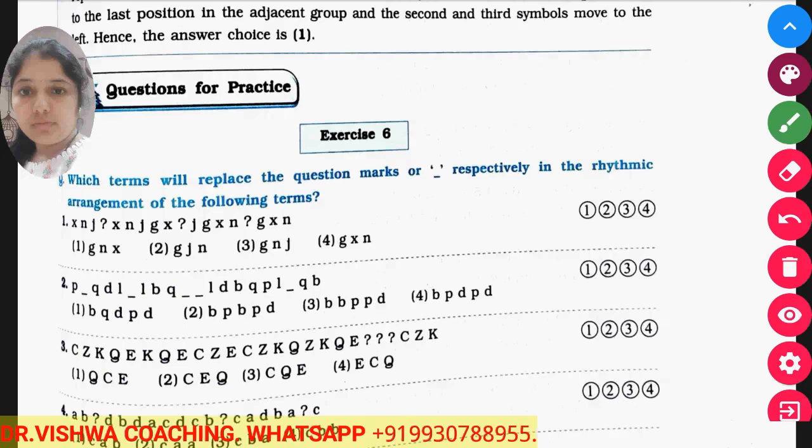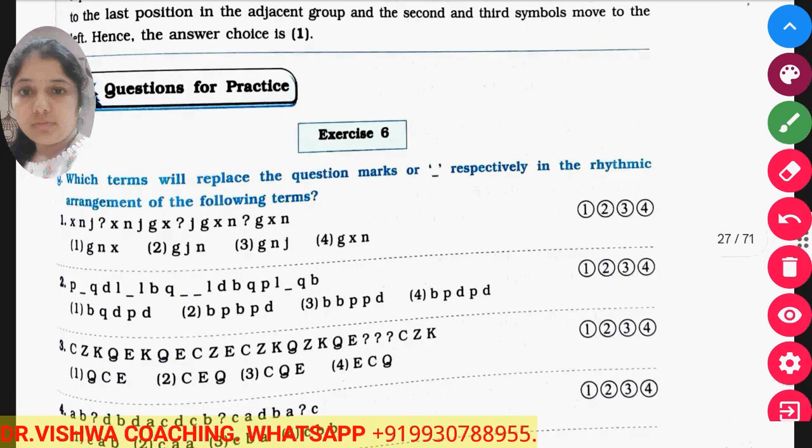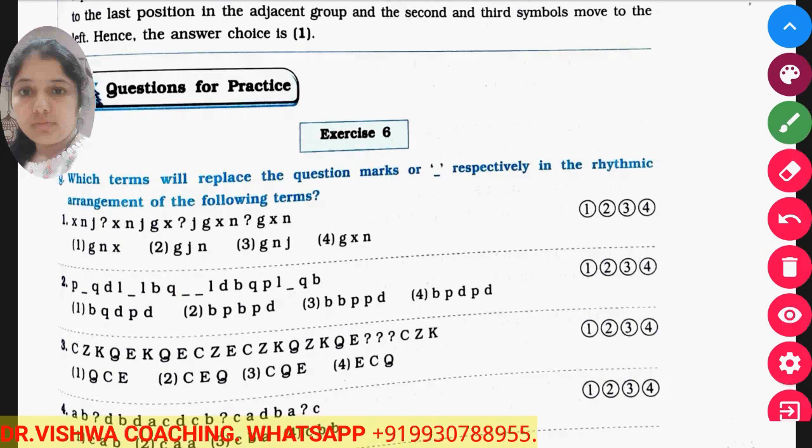So here some sequence is there, some rhythmic arrangement is there, and in between the arrangement some terms are missing, and we have to identify the terms which are missing. Now here also you can identify that, just check after P which term is coming. L. Okay, wait, we'll check.